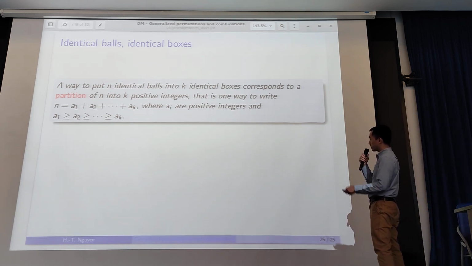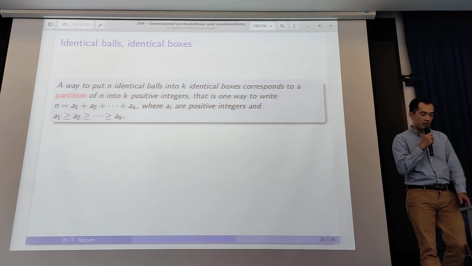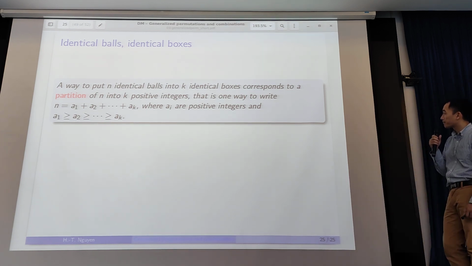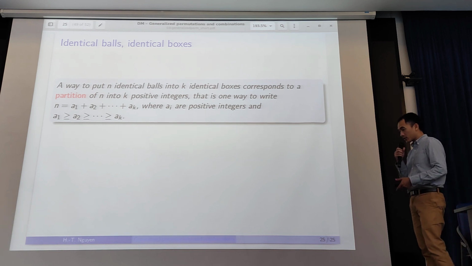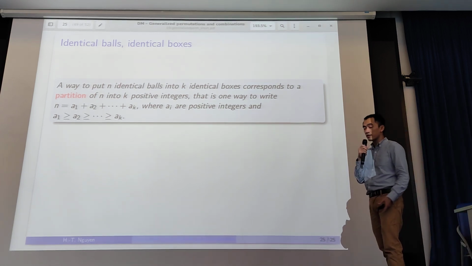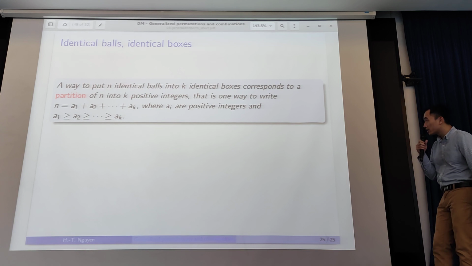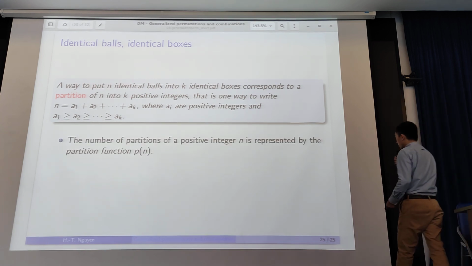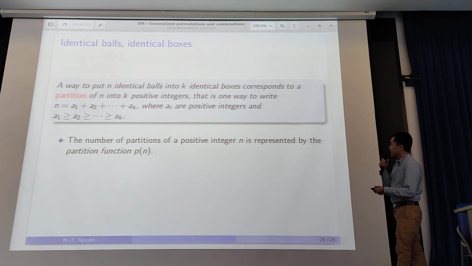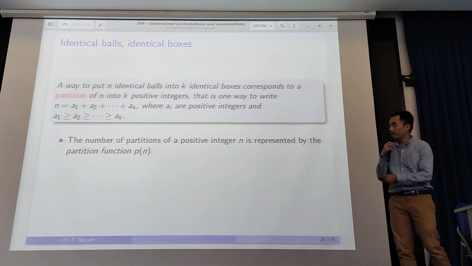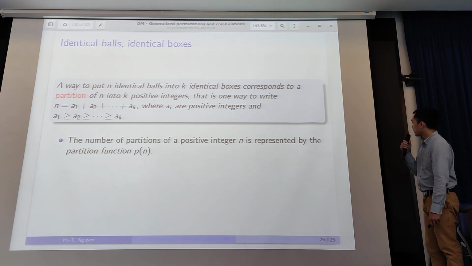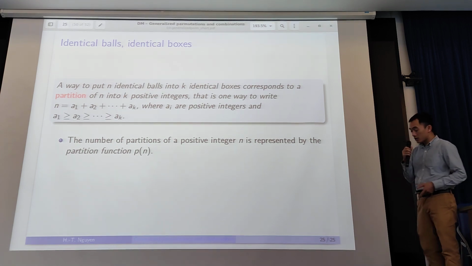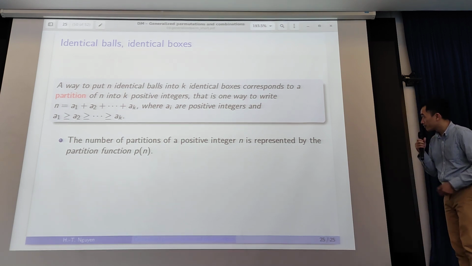And we demand that each term is strictly positive, because if we allow zeros, there can be infinitely many ways to write it. The number of ways to write a positive integer n as such a sum is called the partition function P(n), P for partition.